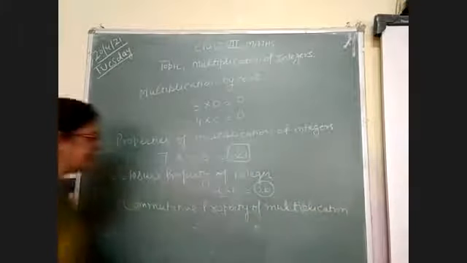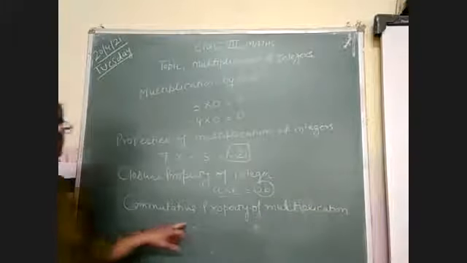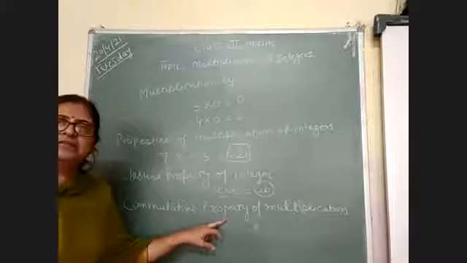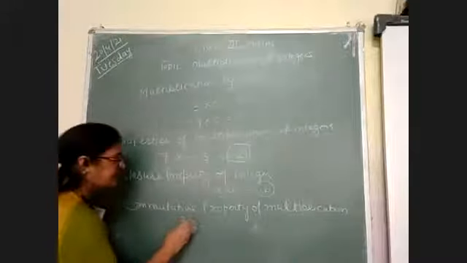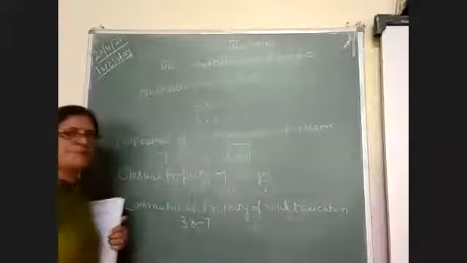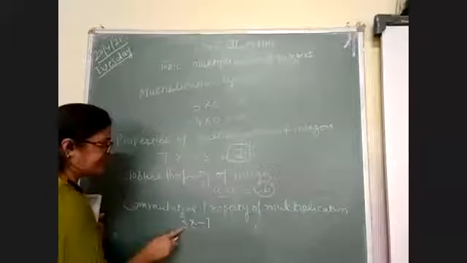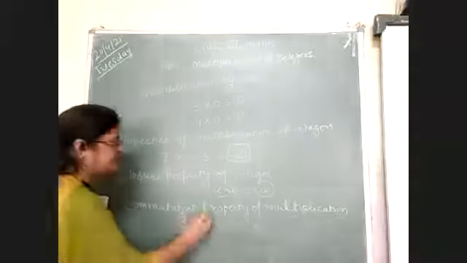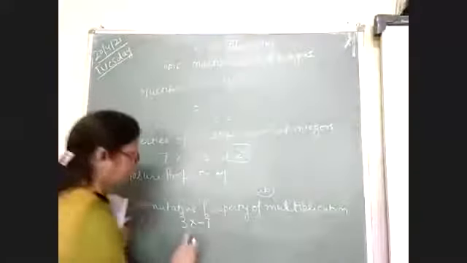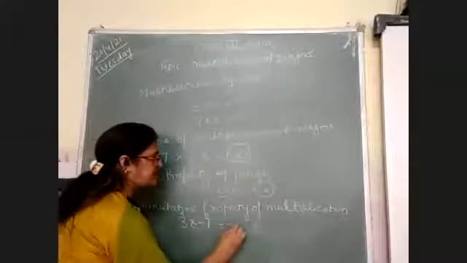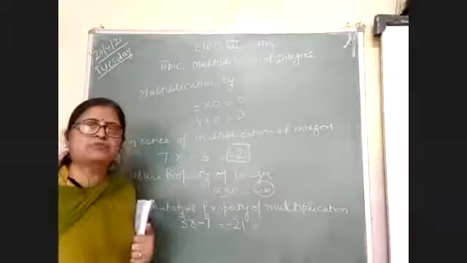When I take 3 multiplied by -7, for example A is 3 and B is -7, A multiplied by B is equal to -21.